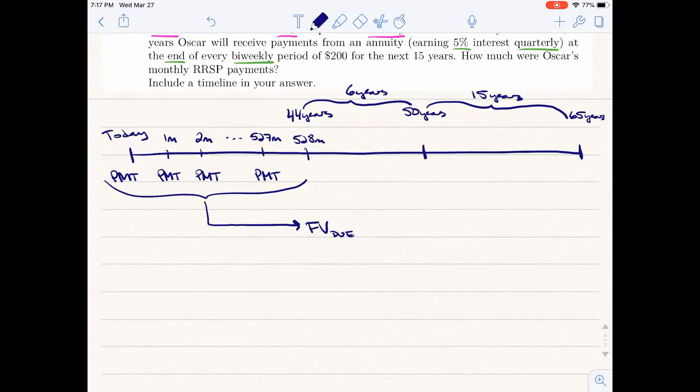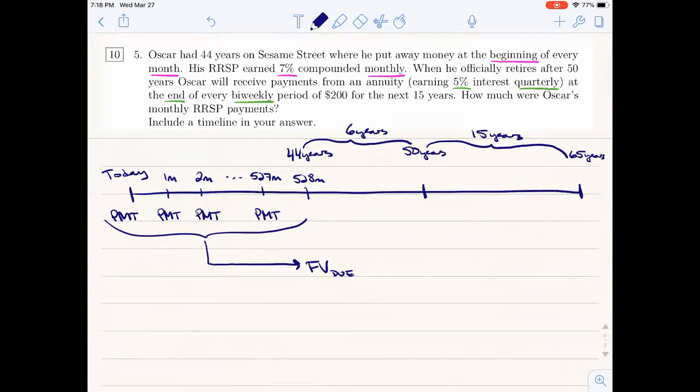Okay, so then let's deal with the next chunk of payments that we have. When he officially retires at 50 years, now he's going to be getting payments at the end of every biweekly period. So here's one biweekly, two biweeklies, and for 15 years, right?